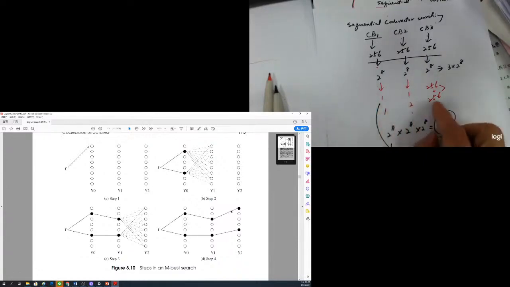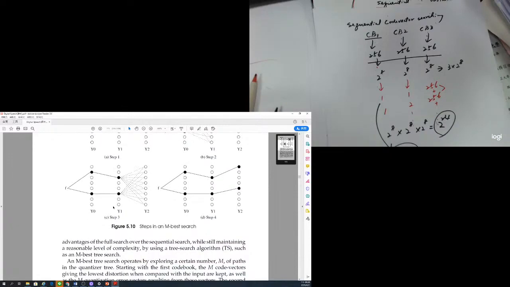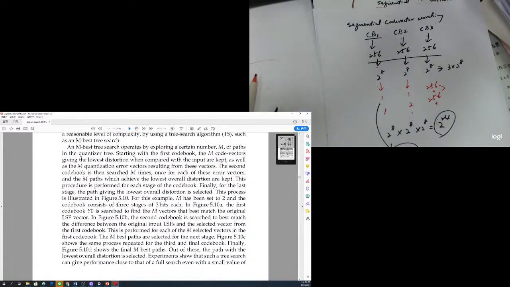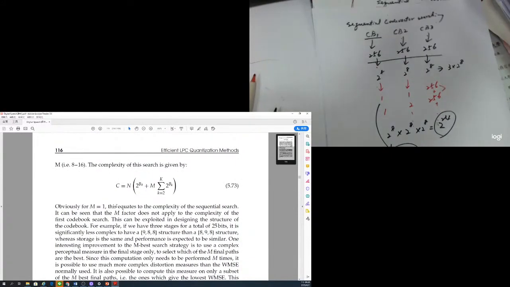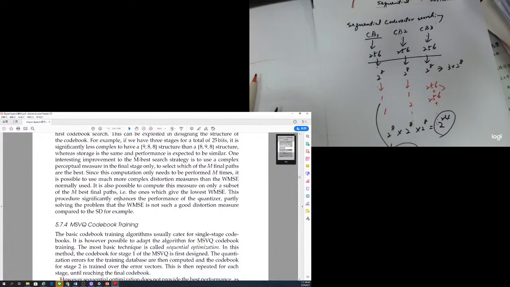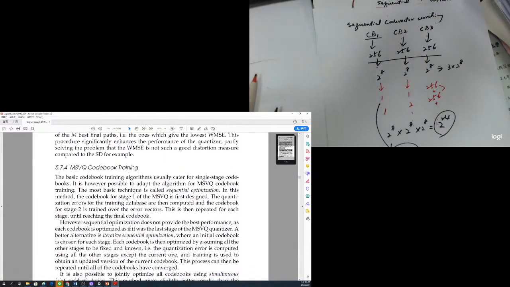However, it's not a full search. In each stage we are trying to find the M best, so that one can minimize computation complexity. Why is this one good? Because it can minimize computation complexity, and also can sometimes get a performance improvement, better than sequential search.